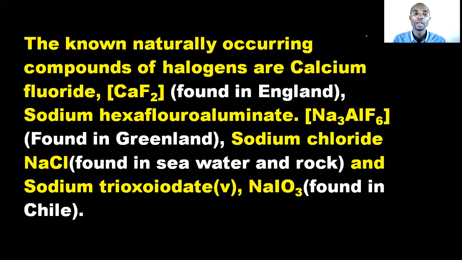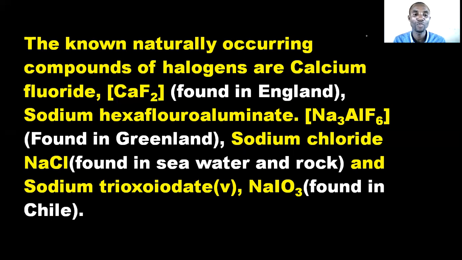The naturally occurring compounds of halogens are calcium fluoride, sodium hexafluoroaluminate, sodium chloride, and sodium iodate. They occur in different parts of the world.